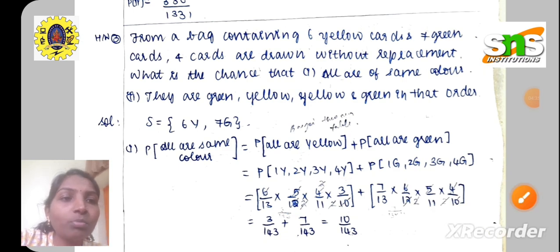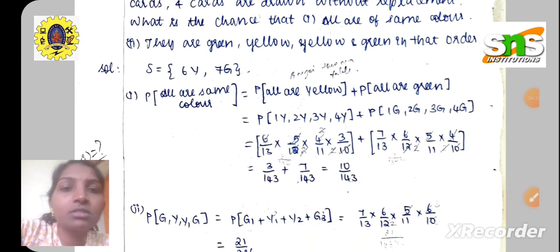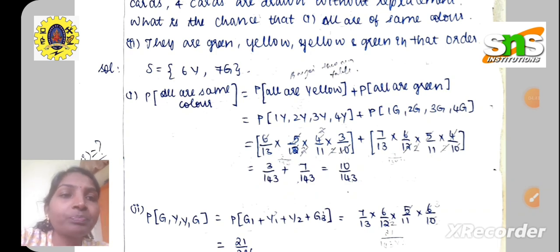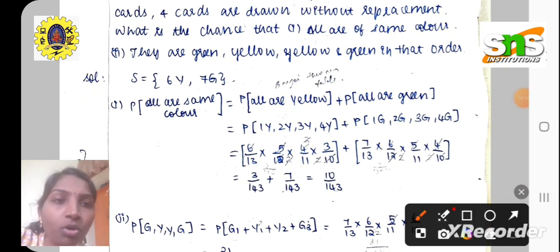Now, what is the probability of drawing a yellow card in the first, second, third and fourth draws? In the first case, the total number of cards inside the bag is 13, and out of 13 we draw one; the number of yellow cards is 6.